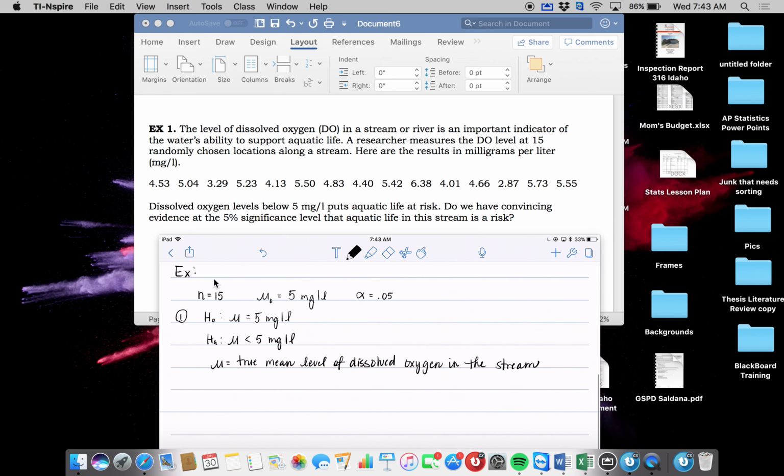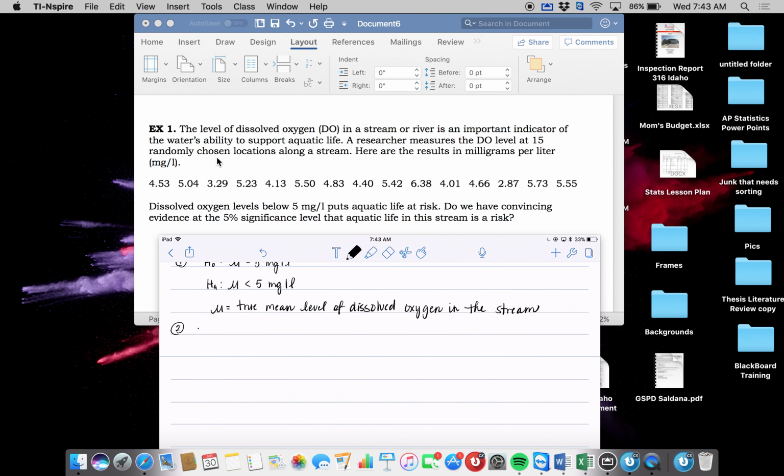All right. Second step, conditions. First condition is random sample. In the problem, they say we have 15 randomly selected locations. The second thing is the sample size has to be less than 10%.